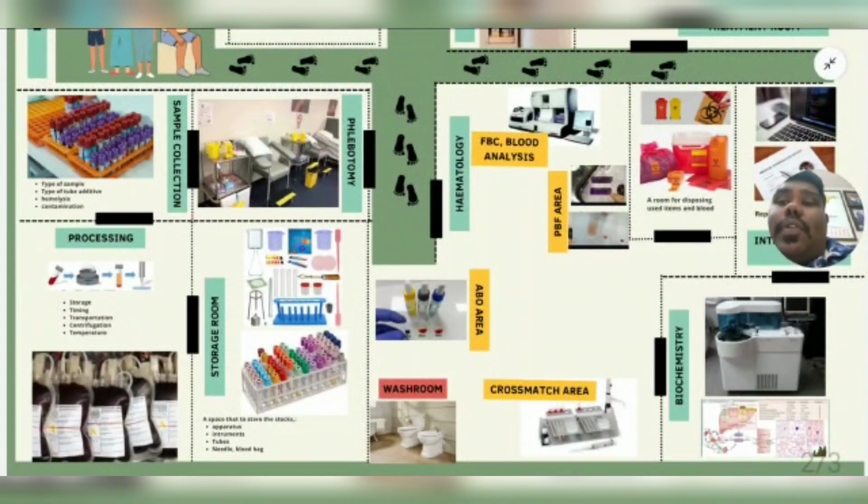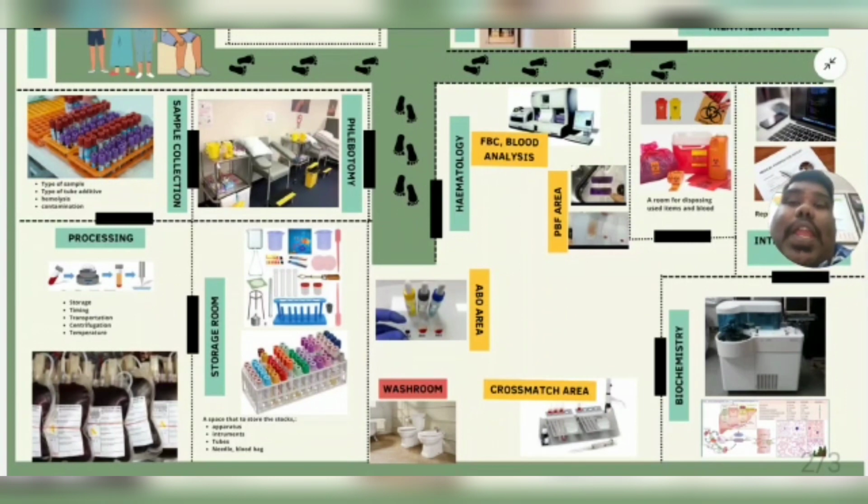And above all of that, there must be a washroom for emergency purposes, to clean ourselves. Moreover, the place must be dry, so we can avoid any accident in the sense of slipping. Then there will be no blood spillage on the floor.